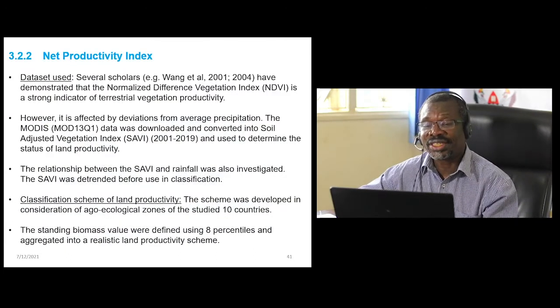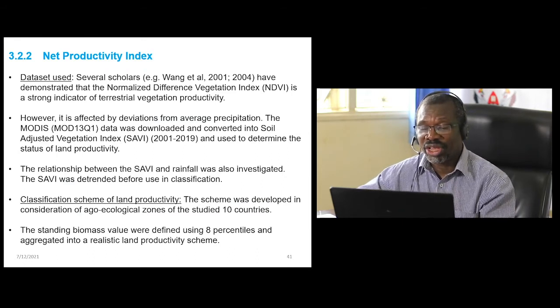For the estimation of the net productivity, we used the soil adjusted vegetation index for 2001 to 2019 to determine the status of land productivity.